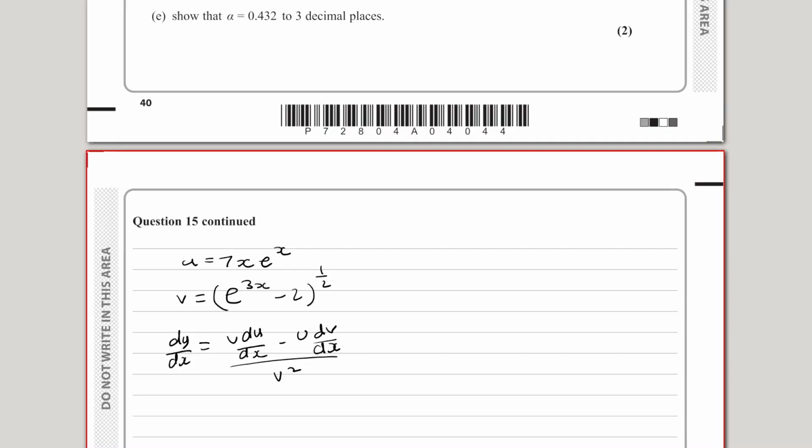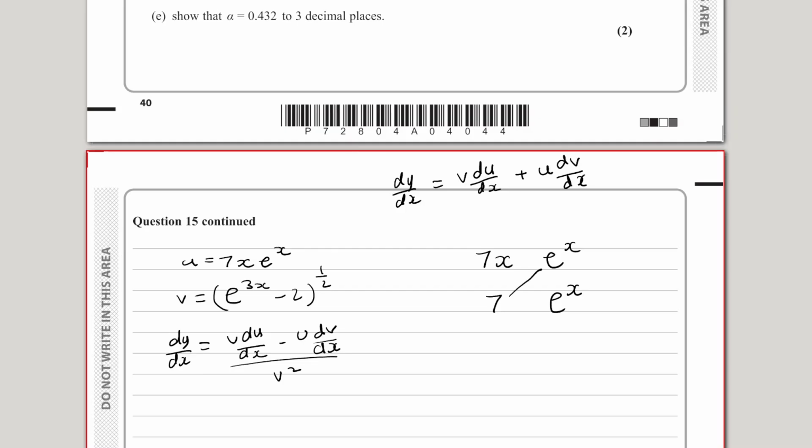So let's start with finding du/dx, and that is a product rule question. So we've got 7x times eˣ, so we're going to differentiate them both. 7x differentiated is 7, eˣ differentiated is eˣ, and the product rule says dy/dx is v du/dx plus u dv/dx.